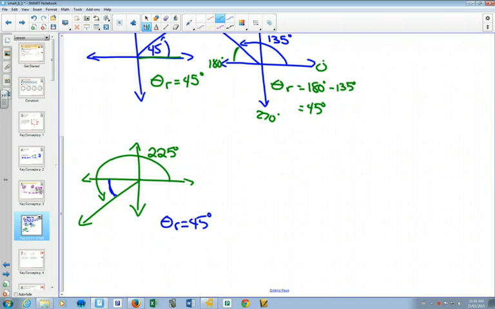Of course, if I told you 225 to start off with, and since you know that it's 180 up to here, to figure out that it's 45 degrees, you would say, well, I know that my reference angle would be 225 minus the 180. And that would give me this little blue part that's left.